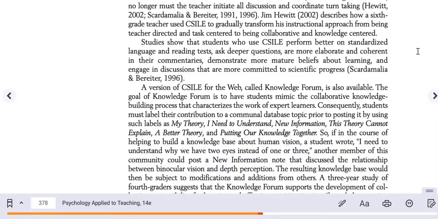Studies show that students who use CSILE perform better on standardized language and reading tests, ask deeper questions, are more elaborative and coherent in their commentaries, demonstrate more mature beliefs about learning, and engage in discussions that are more committed to scientific progress.